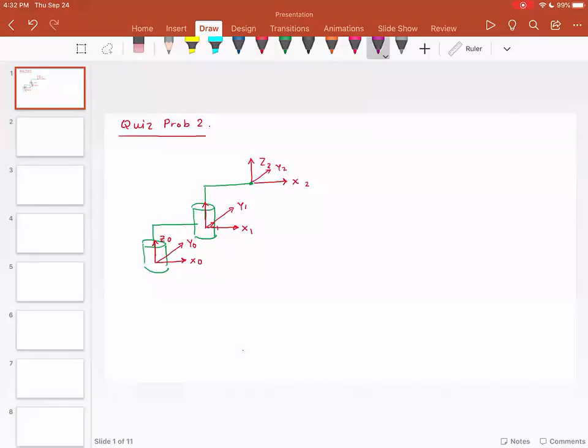I would add the rotations. This is theta 1, this is theta 2. And I would add some lengths. So if you look at your quiz problem, this distance is considered to be 0. This distance is, I think, A1.